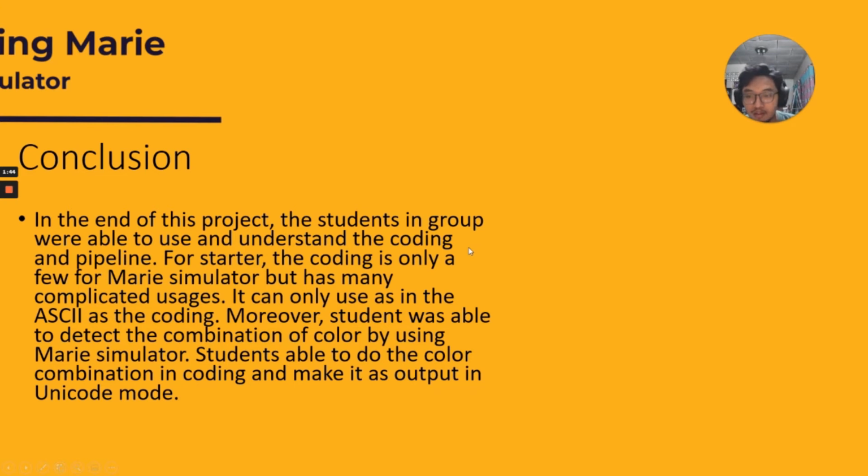At the end of the project, the students in our group were able to understand the coding and also the pipeline for the MARIE simulator that has many complicated usages. MARIE is a basic one, but the coding is a little difficult for us to understand because it uses hexadecimal numbers by declaring them. In other coding systems such as C++ we don't declare it, but using MARIE we need to declare the hex number and the decimal number if you want to produce it as output.